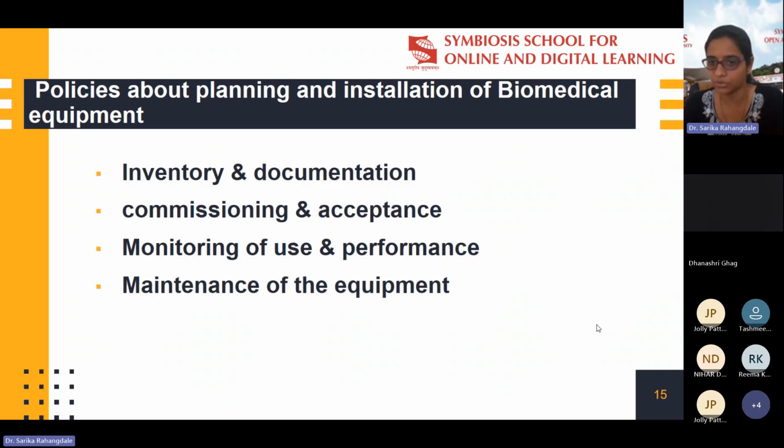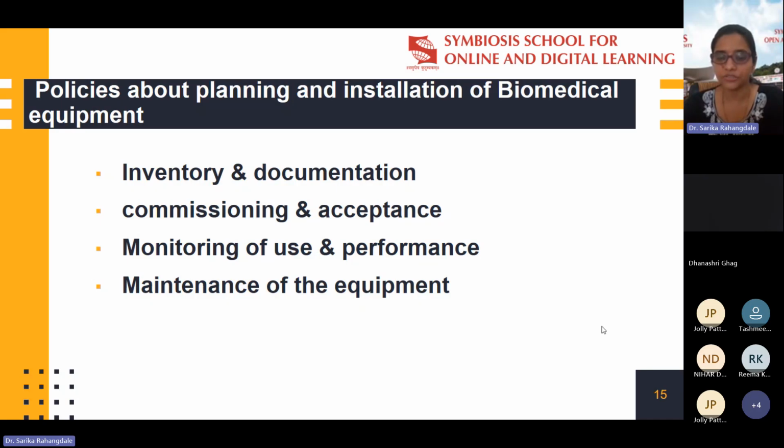He has to note down and record all the events happening during the installation in the record register. This also provides an excellent opportunity for the in-house staff to learn more about the particular equipment.